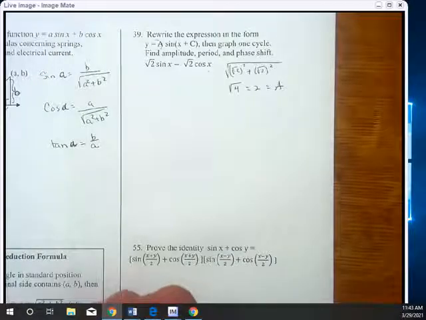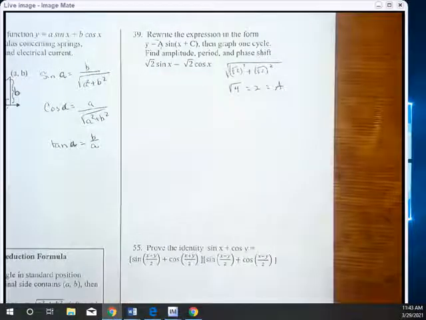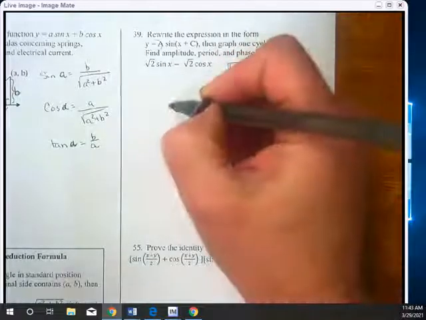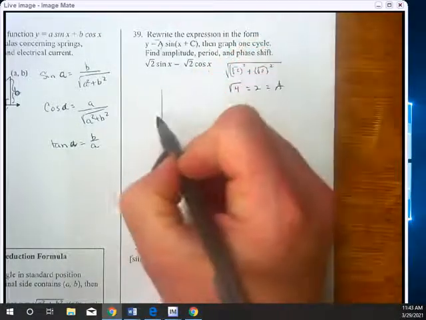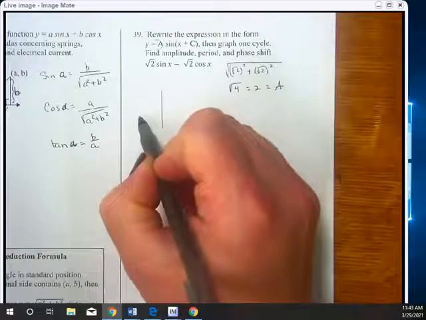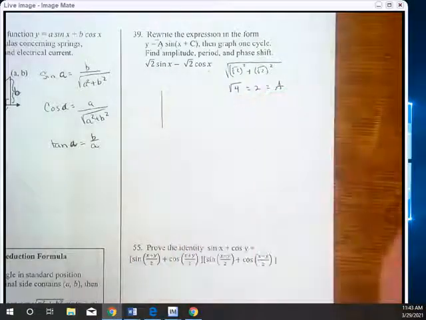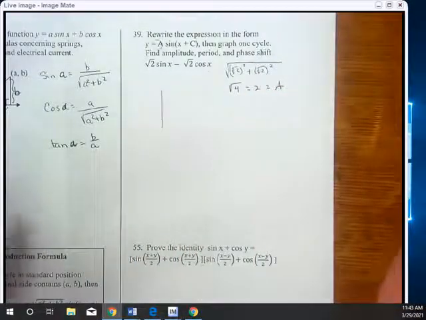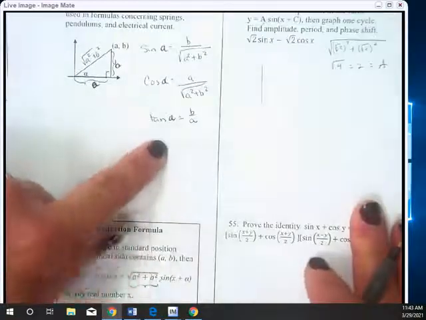Well, if you did a negative radical 2 squared, it would still be a plus. So it's fine. Now, do you want me to draw the triangle, or can I skip drawing the triangle and just use this value over here?